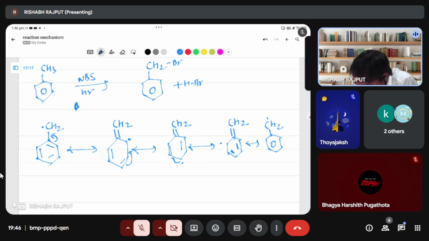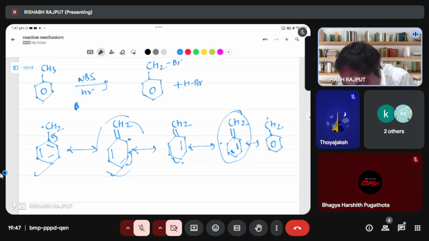So what happened here, guys? See, here one resonance is a different type of resonance. This is possible. Both of these are the same, only the double bonds change, but the products will be the same here. So one, two, three: here you will get three types of product.